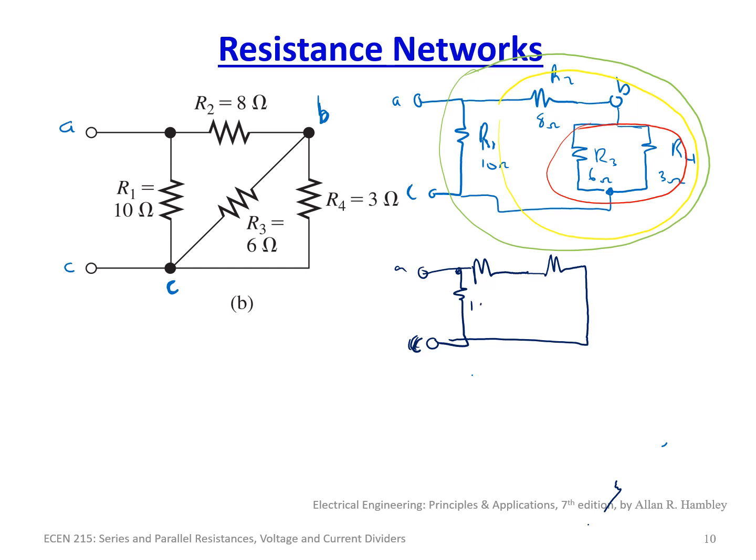So we have a 10 ohm resistor, an 8 ohm resistor, and now a 2 ohm resistor. So what do we have? This 8 and 2 combined together, and we end up with A and C again. 10 ohm, that's in parallel with 10 ohm.